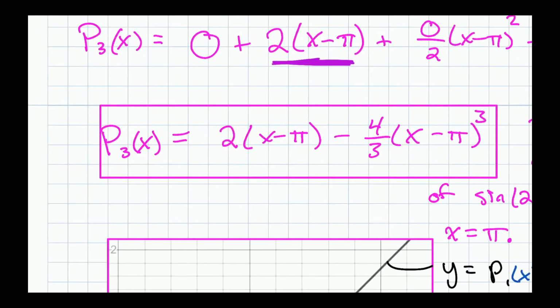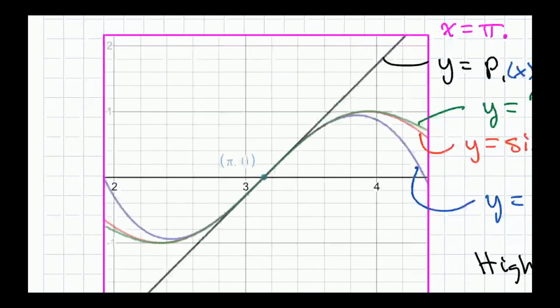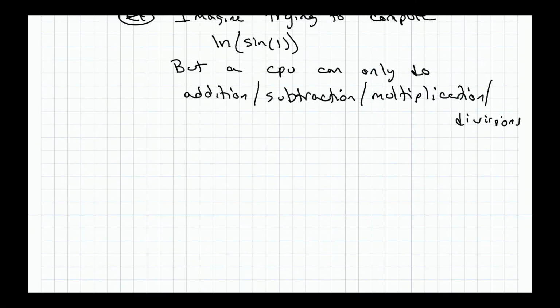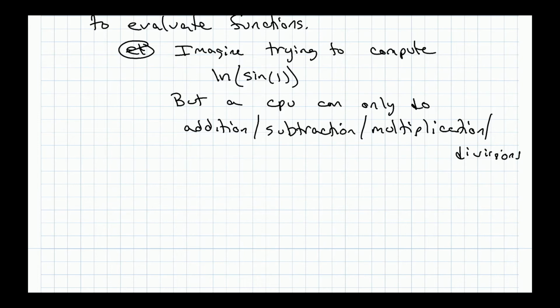Think about how to compute this: subtraction, multiplication, subtraction, multiplication. X minus pi to the third is just x minus pi, x minus pi, x minus pi. More multiplication. You can't compute a complicated function because your computer does not know how to do a logarithm, but your computer can evaluate a Taylor polynomial. So if you can get a Taylor polynomial close to the value that you need, then you can do it this way. A computer can only do addition, subtraction, multiplication, division, but that's all you need.